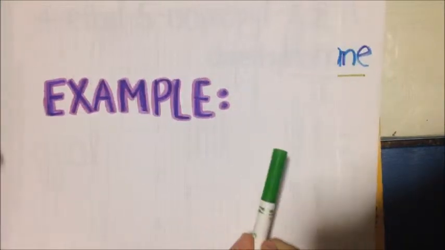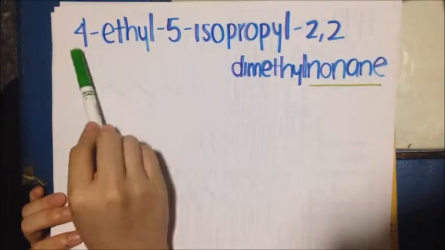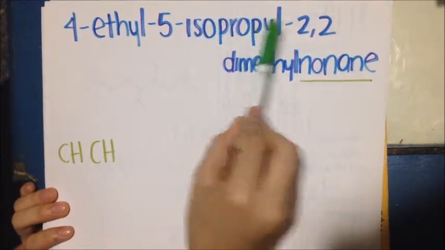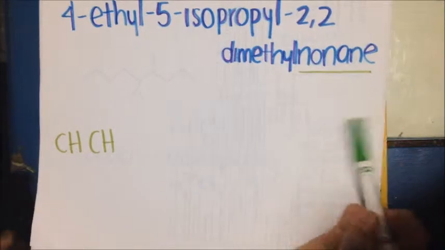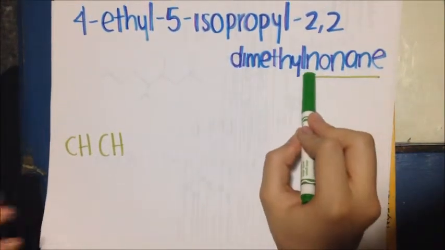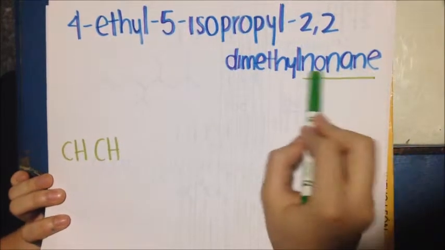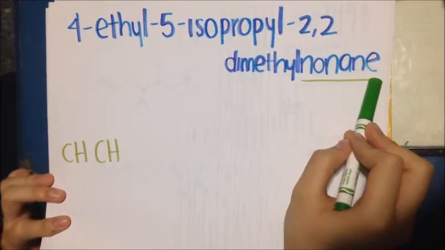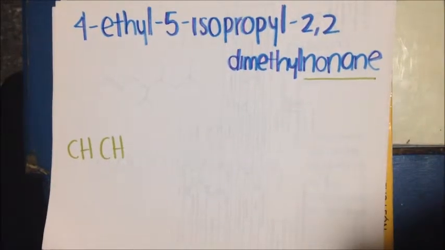Here we are going to see an example of drawing alkanes. The example is 4-ethyl-5-isopropyl-2,2-dimethylnonane. Here we have the name that indicates the number of carbon atoms that are in the longest chain, which are 9, nonane.